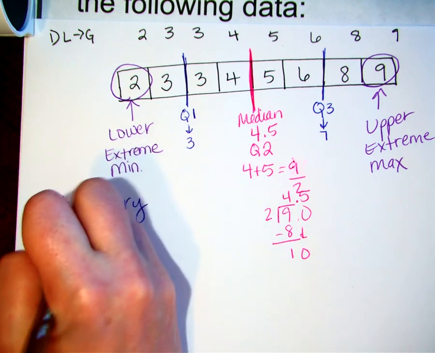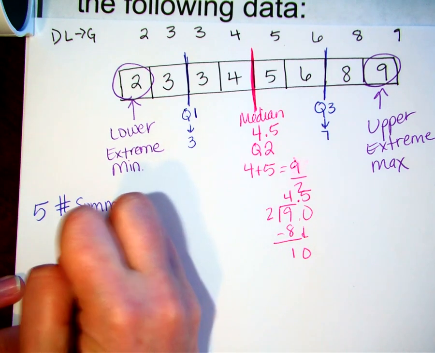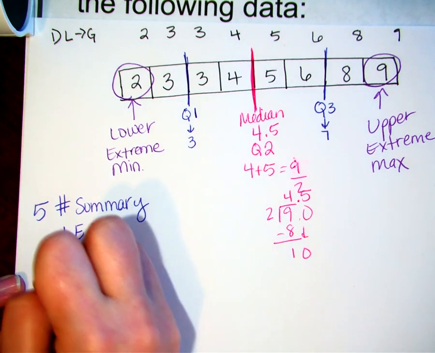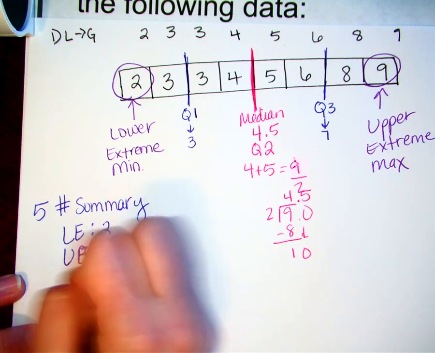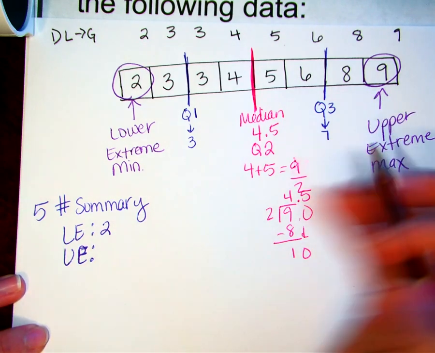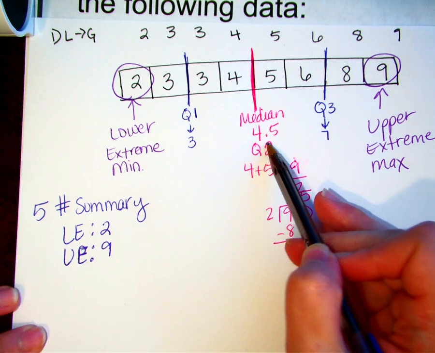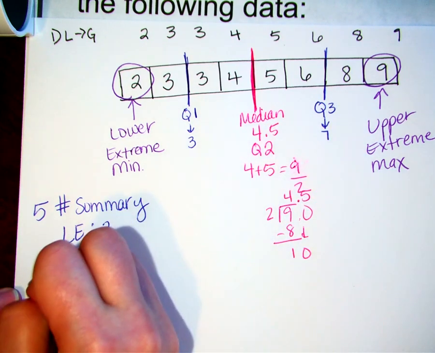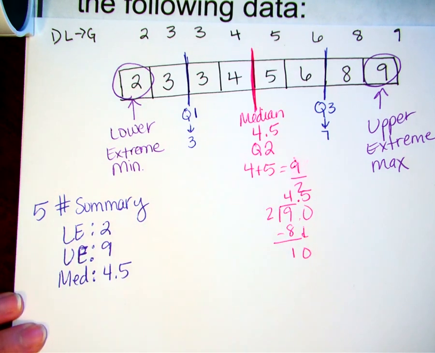Our lower extreme, and I'm going to abbreviate because it is a lot of writing for this graph. So lower extreme is 2, upper extreme is 9, the median, or Q2, is 4.5. So median is 4.5.